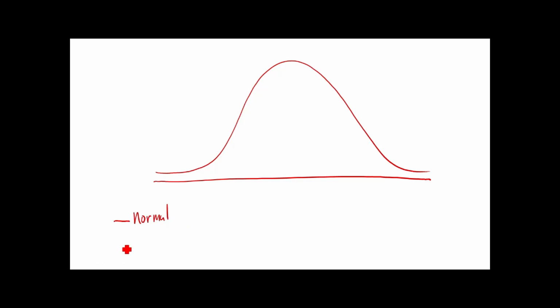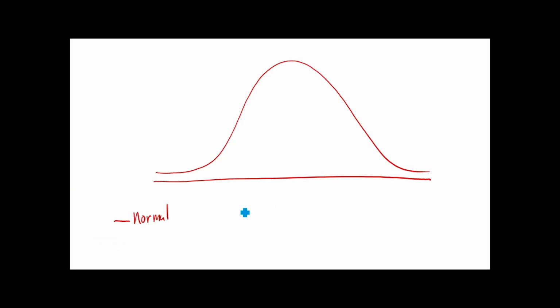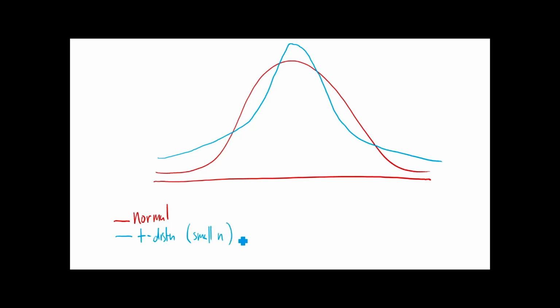right? Then remember we said the t distribution is what? What's the t distribution in comparison to the normal distribution? What's the word I used? That's heavier. It's true. Sometimes it has heavier tails. It's a heavy tail distribution, right? So it's like, right? So that would be like a t distribution, and maybe with a small sample size, right?